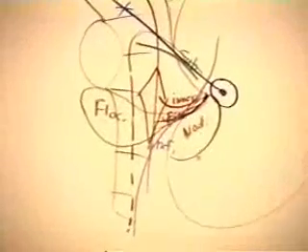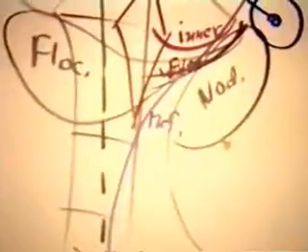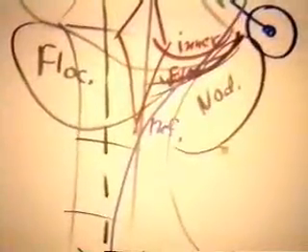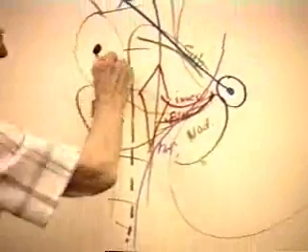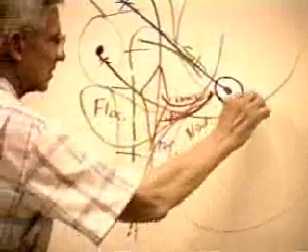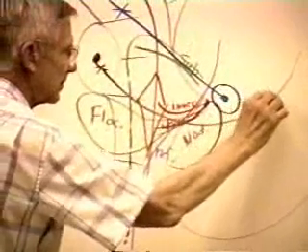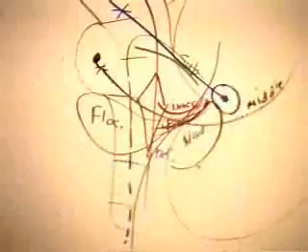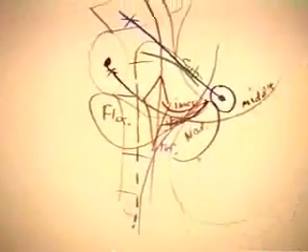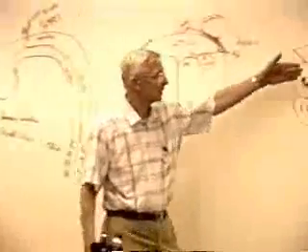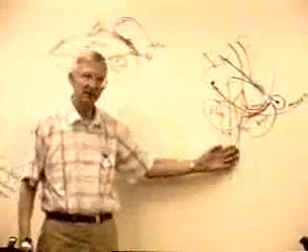And that's where the mistake has occurred, in fusing those two, because they're quite different. But let me put in the middle peduncle, coming from the pons, crossing, coming out as the middle cerebellar peduncle, coming at right angles to the board. So we have 4 peduncles. Superior, middle, and inferior.